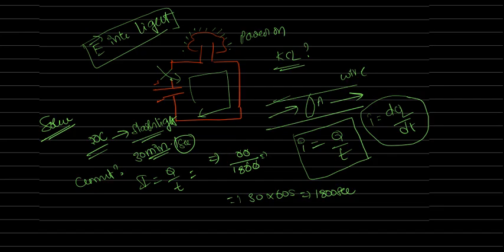So 900 coulombs of charge over 1800 seconds is 1 by 2, that means 0.5 ampere. This is the current it consumed. So this much charge was utilized by the flashlight.